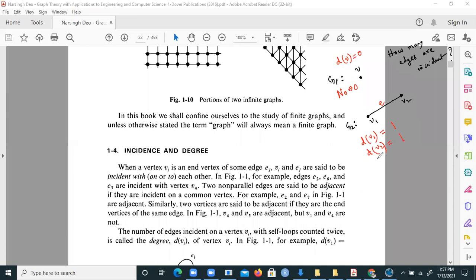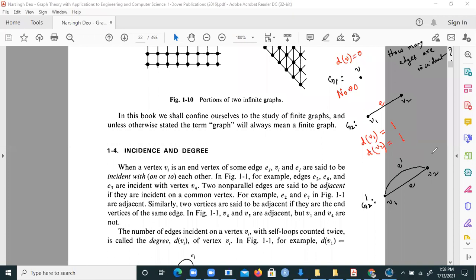Now, let us make the figure a little bit complicated, and I am considering the graph G2, but let us name this graph G2 prime. This time I'm going to connect V1 and V2 with another edge. So this is my edge E and this is my edge E prime.